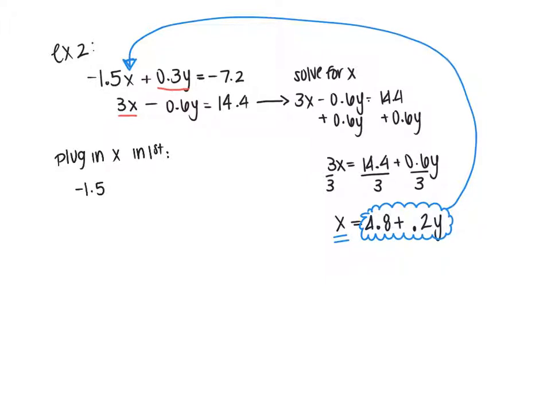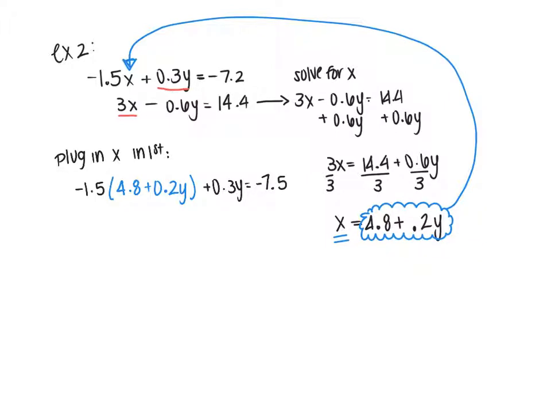Now the first equation says -1.5x, but x in my case is 4.8 plus 0.2y. And then I'm going to finish filling it out. Now I need to distribute.